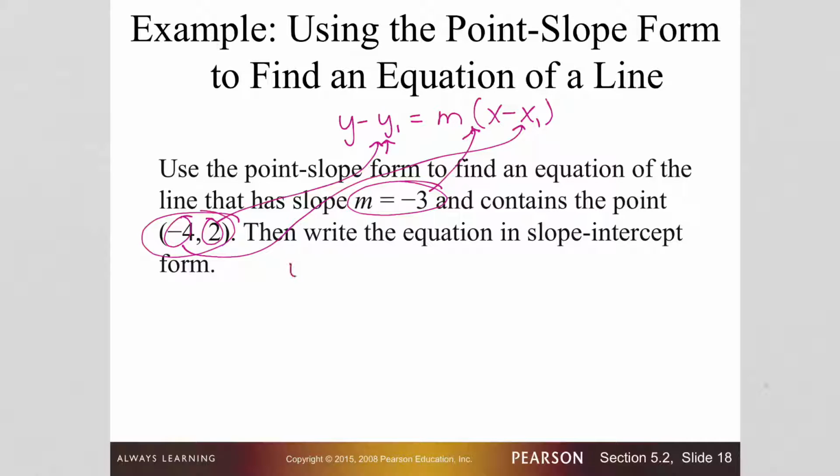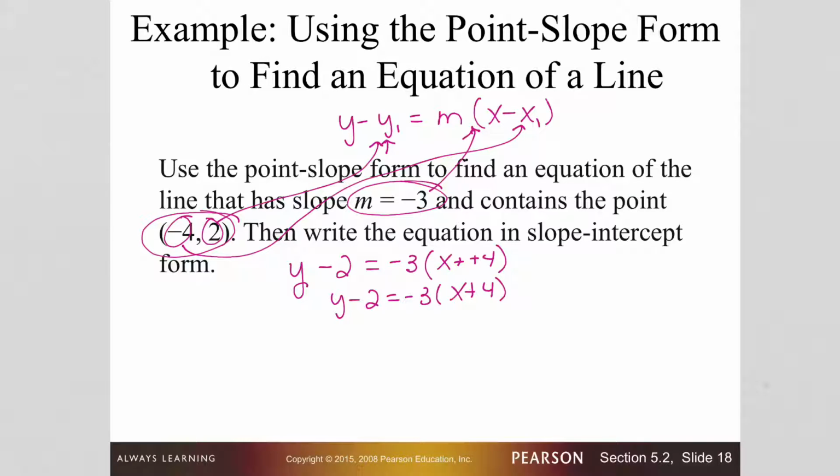Okay, so I've got y minus 2 is equal to 3 times x minus negative 4. But look, I have a double negative, so really that's going to be x plus 4. So y minus 2 is equal to 3 times x plus 4.